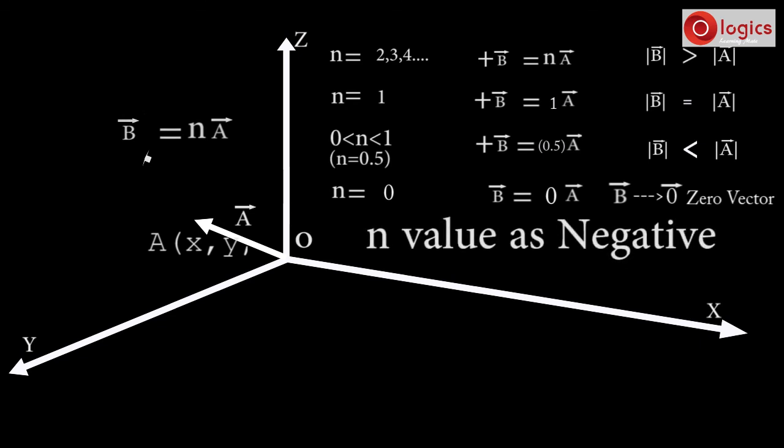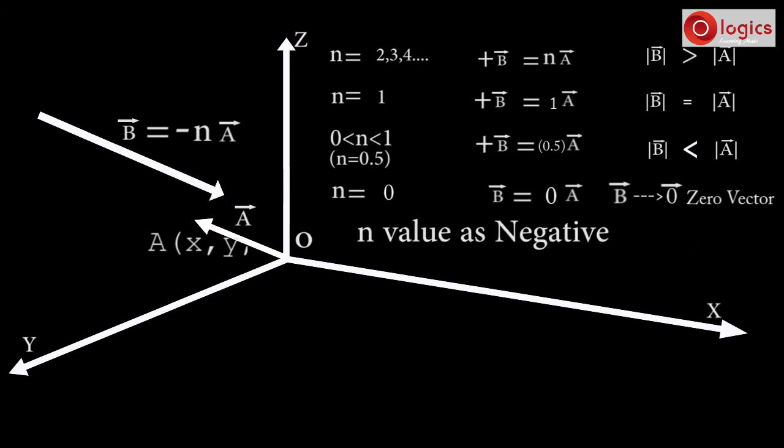Now let's take n value as negative value. We have B bar equals to minus n times A bar. Observe here, B bar is in opposite direction to A bar. If n value equals to minus 1, then we can denote B bar equals to minus A bar, or A bar equals to minus B bar.